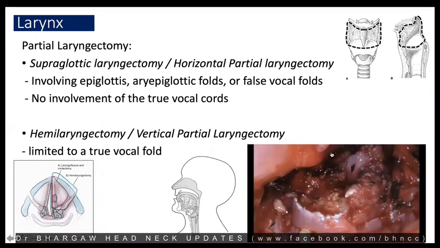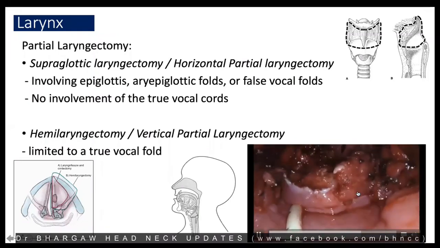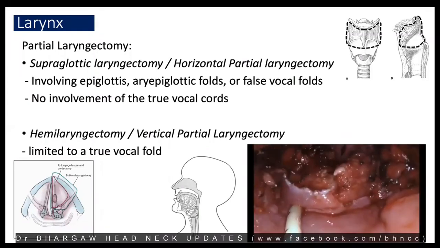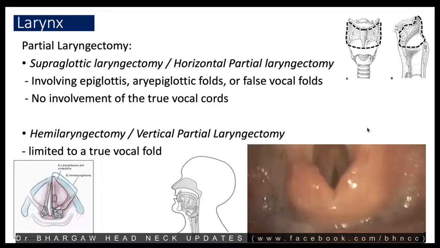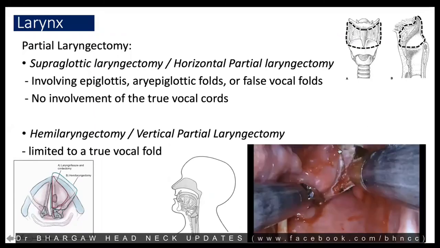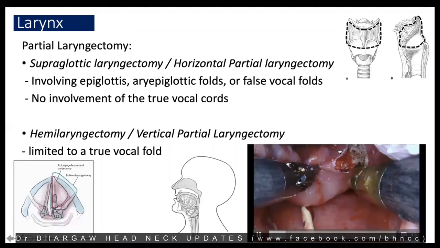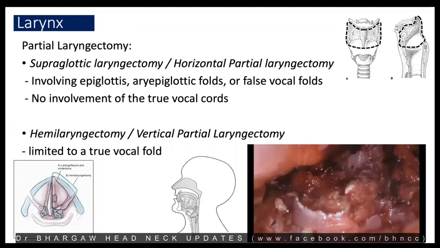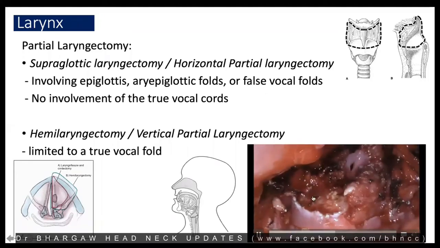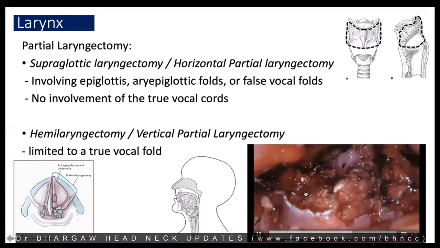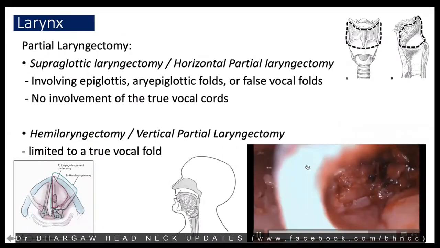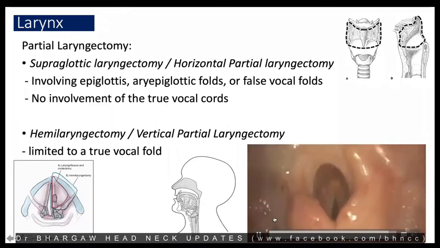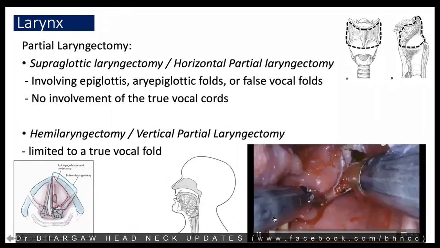If you actually see, this is one of the first supraglottic laryngectomies done with the robot. Over here, we had to take out the supraglottis, but what I did was to preserve one cricoid joint, and also the superior laryngeal neurovascular pedicle, which may not be seen clearly there.